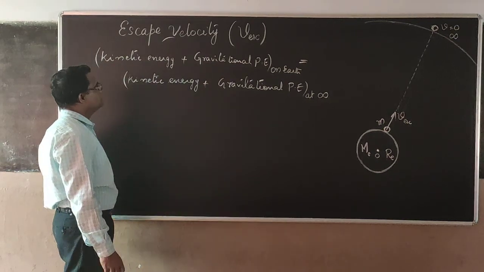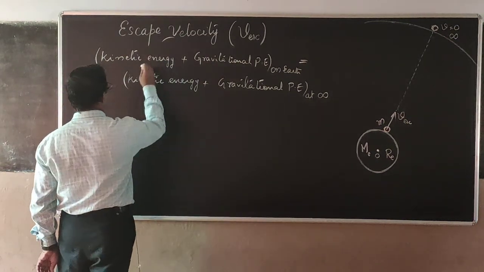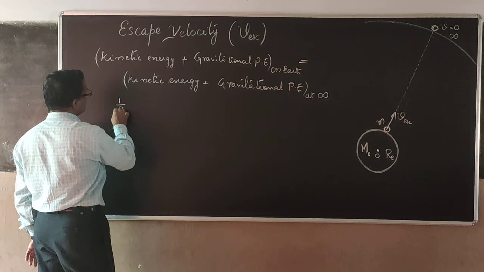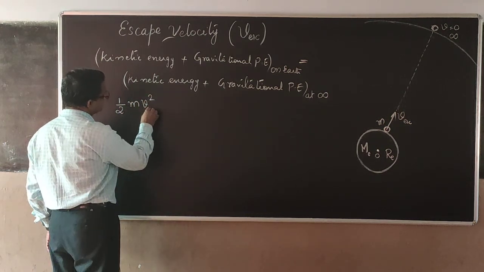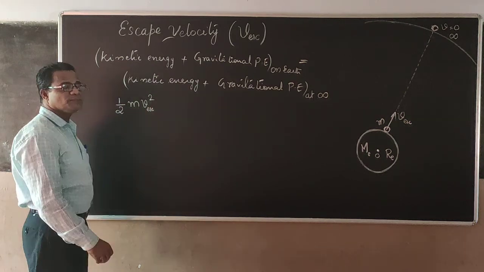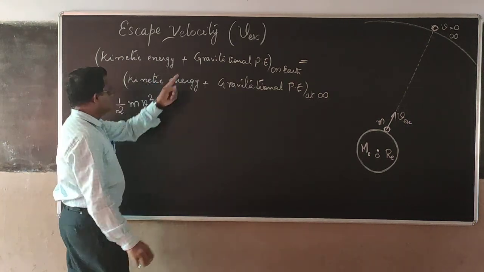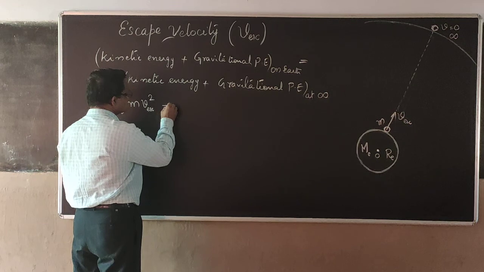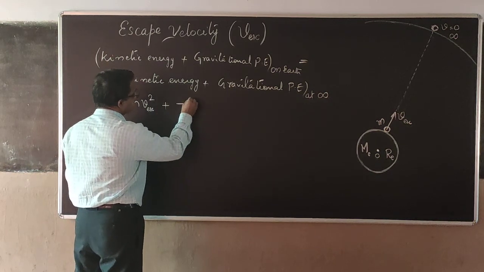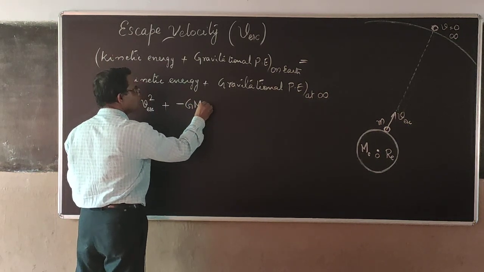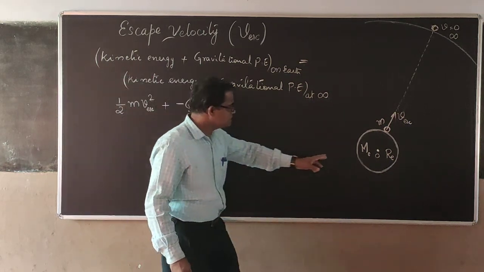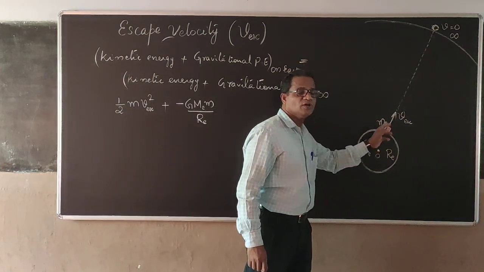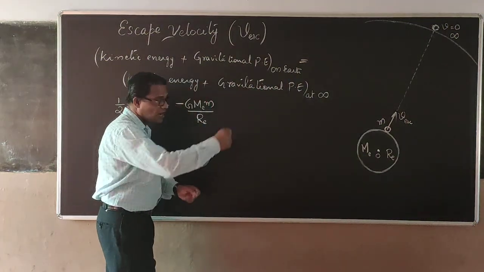We have already studied this. The kinetic energy of the body is half m v square, and that v is v escape. Then the gravitational potential energy is minus G Me m divided by Re, because at the moment of starting, the distance is Re.